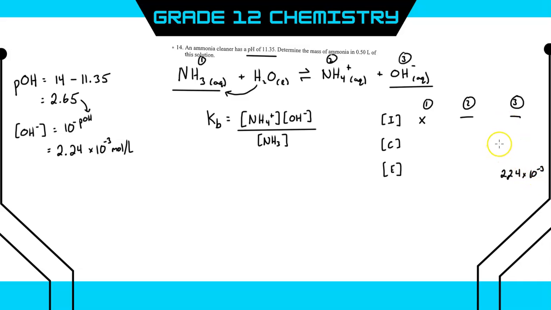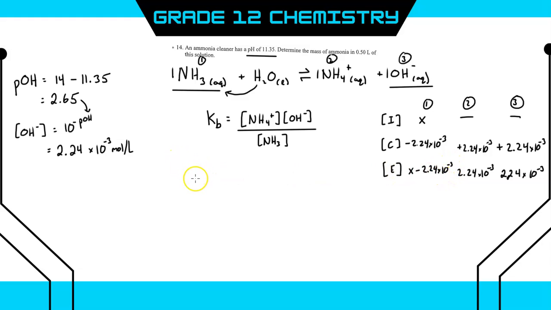So to get that, we would have had to add 2.24 times 10 to the minus 3. Now looking at our ratios, which is 1, 1, 1, therefore we also added it here, 2.24 times 10 to the minus 3, and we would have had to subtract it here, 2.24 times 10 to the minus 3. Okay, so our equilibrium concentrations are therefore as follows, where what we're interested in, ammonia, is X minus 2.24 times 10 to the minus 3.